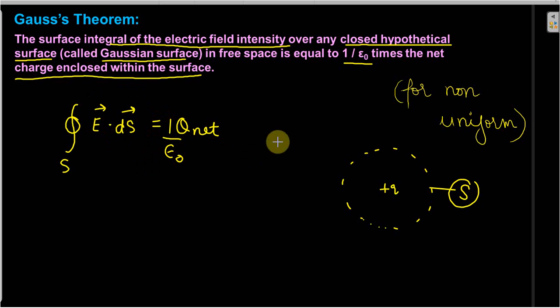So according to Gauss theorem, the electric flux phi is equal to the surface integral over the closed surface S in free space, equal to 1 by epsilon naught times the net charge enclosed within the surface. So this is our Gauss theorem.